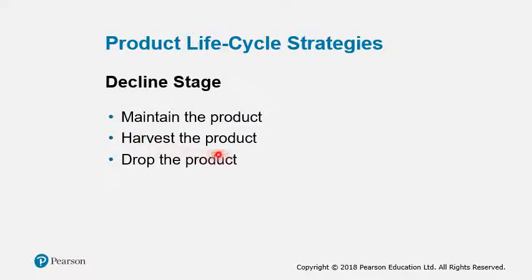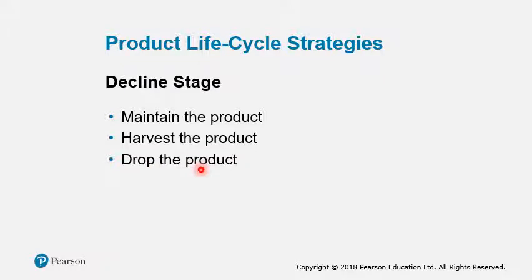Or you can also harvest the product, harvest in a way that you just finish up whatever you have in your factory and whatever raw materials you have, you still produce it, or you might want to make use of the machineries and raw materials to produce another type of product. That is when you harvest it.